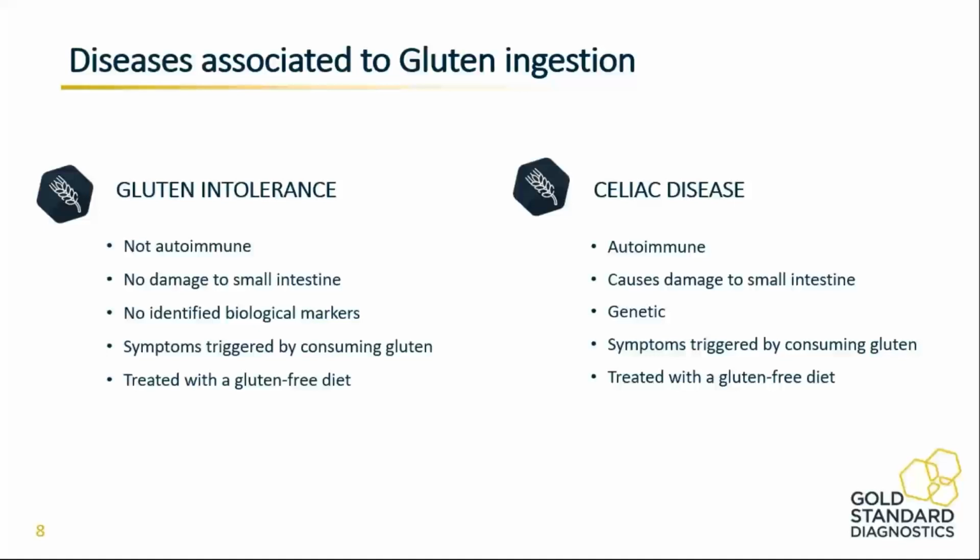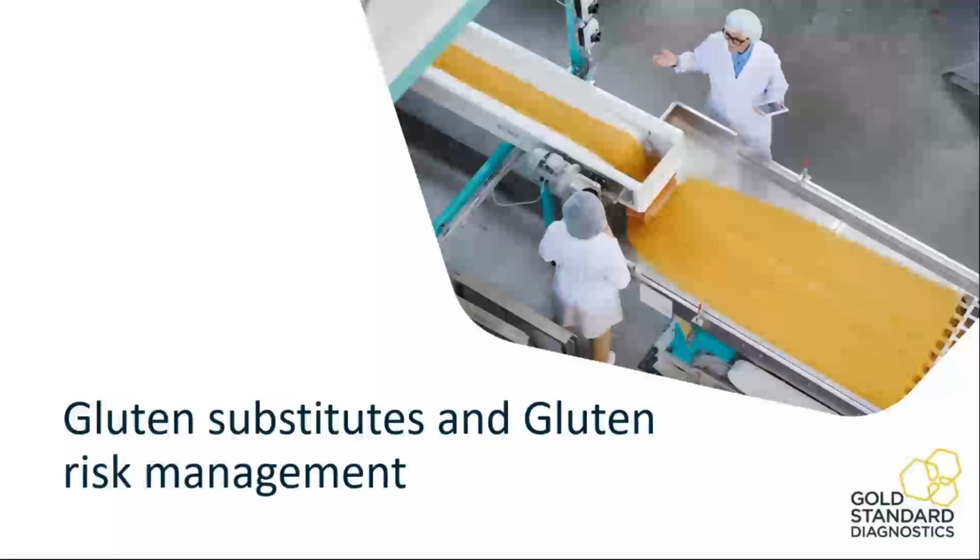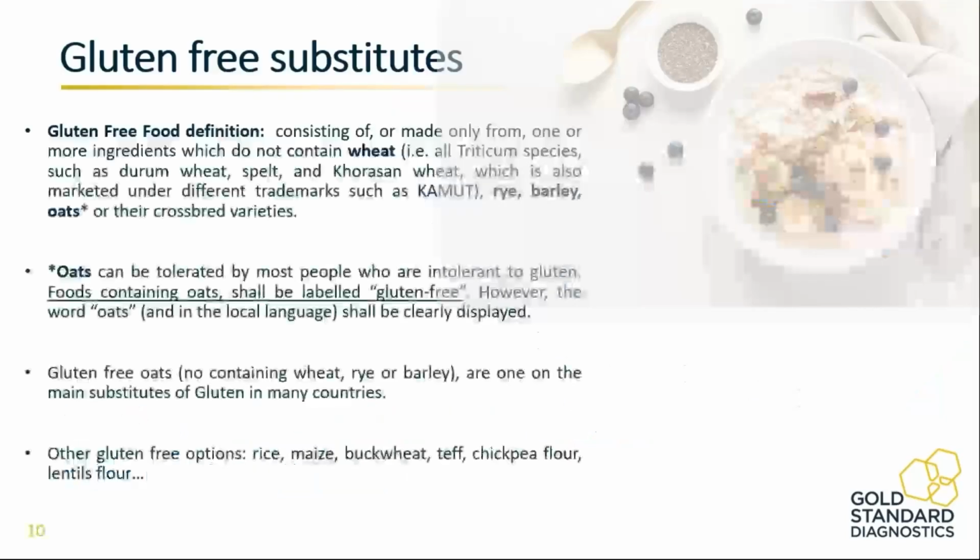Also, celiac disease has a genetic root, while there are no identified biological markers in the case of gluten intolerance. But in both cases, the symptoms are triggered by consuming gluten, and both can be treated only by following a gluten-free diet. This is why we are going to see which are the adequate gluten substitutes to create gluten-free products and how to manage gluten within the food industry.